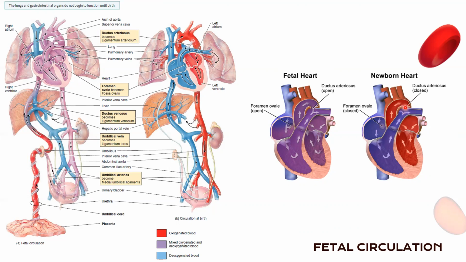Okay, foramen ovale becomes your fossa ovalis. Your ductus arteriosus becomes your ligamentum arteriosum.